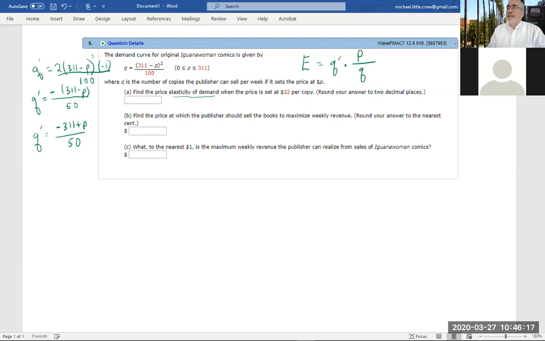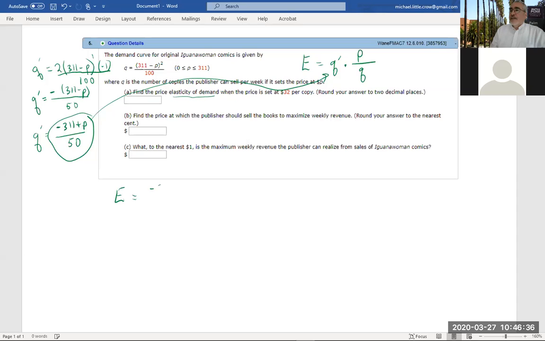So that's our derivative. We're going to use this as our derivative. That goes right there.